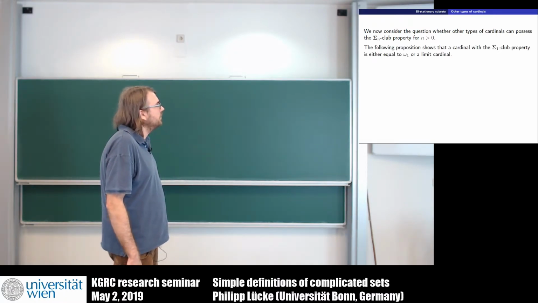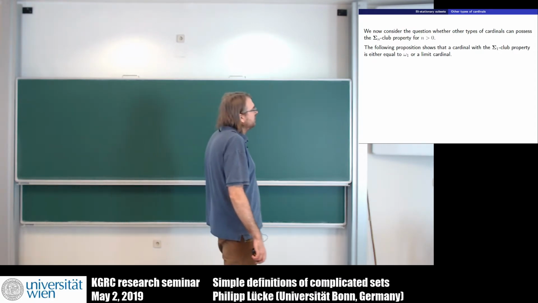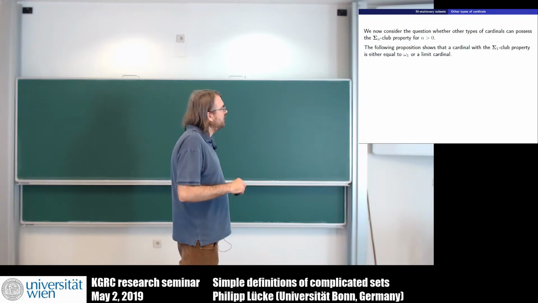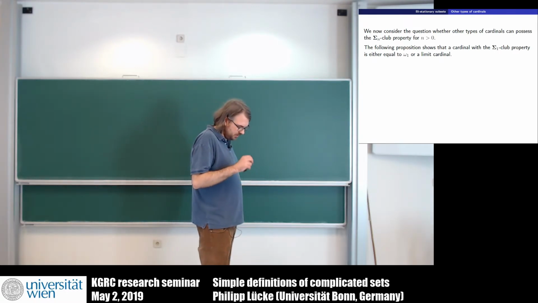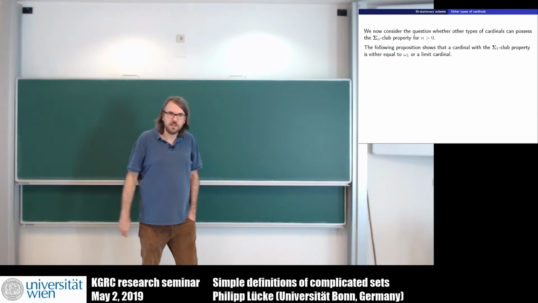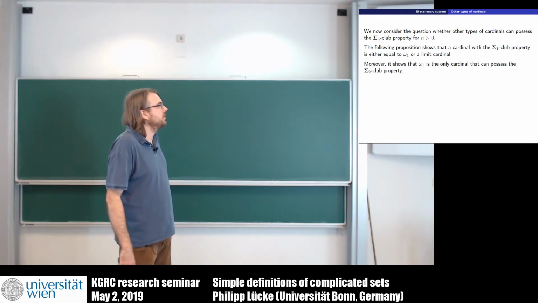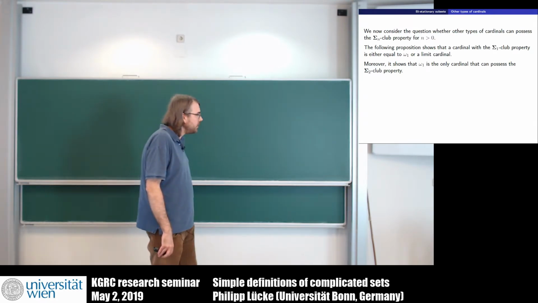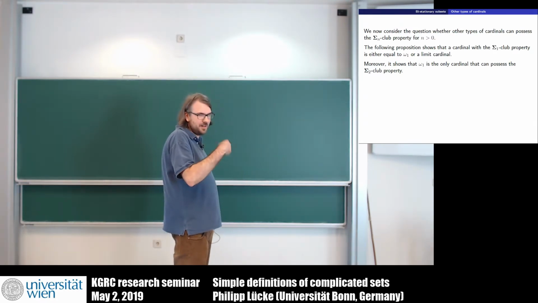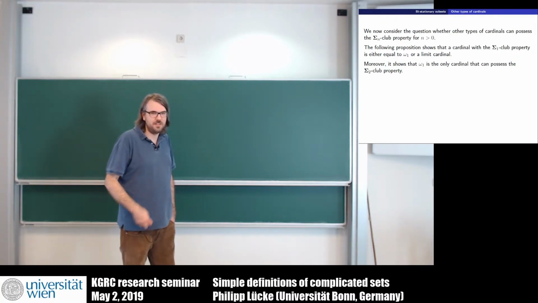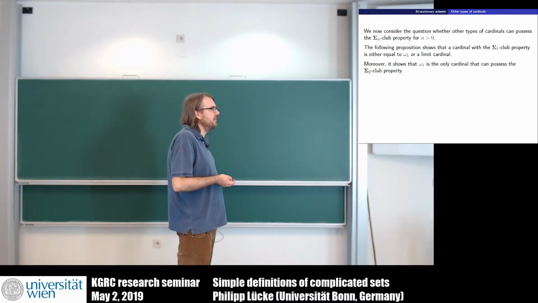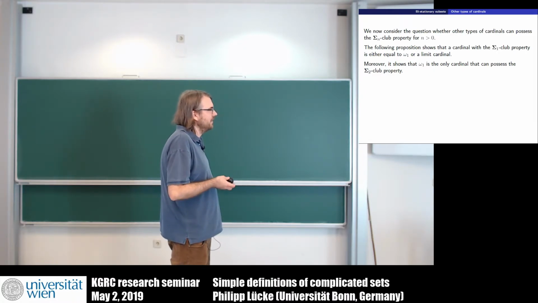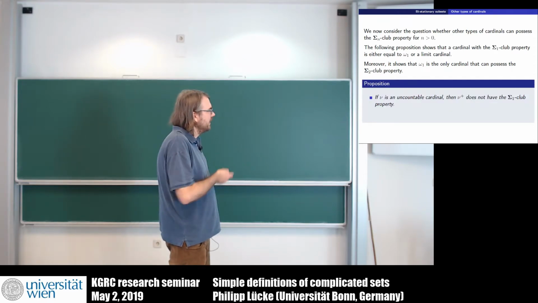And we'll now show you a short argument that shows that cardinals with the sigma 1 club property are either equal to omega 1 or they are limit cardinals, and omega 1 is the only cardinal that can possess the sigma 2 club property. And this is exactly because if you have other cofinalities, then you can easily define stationary sets that are simply definable and bistationary.